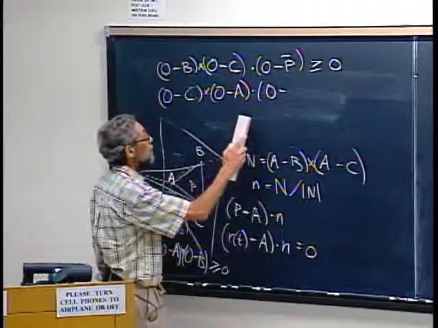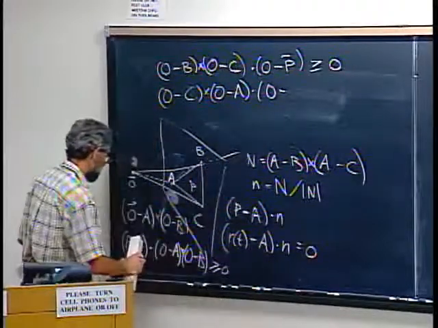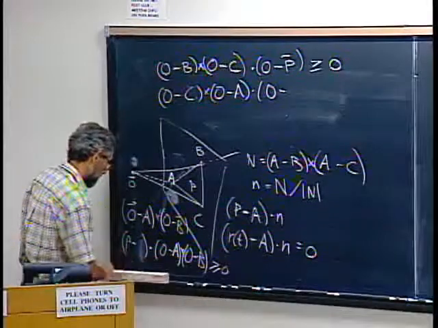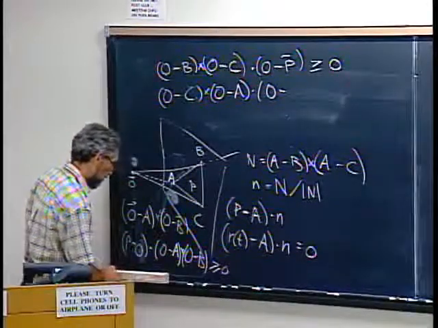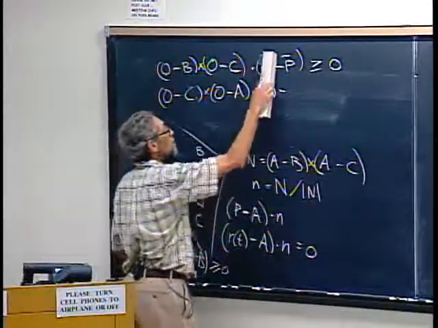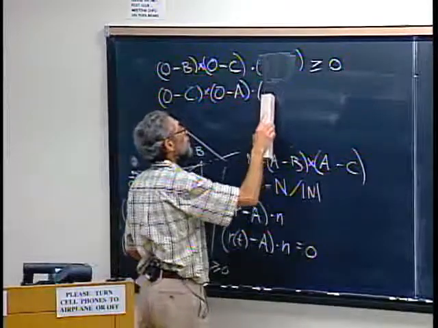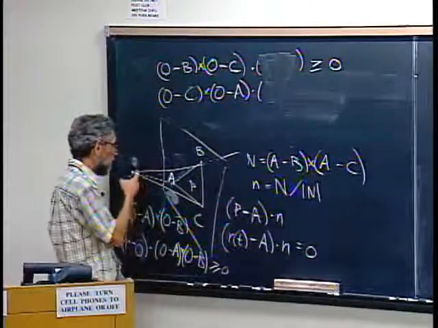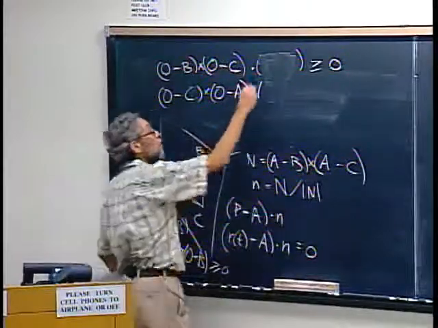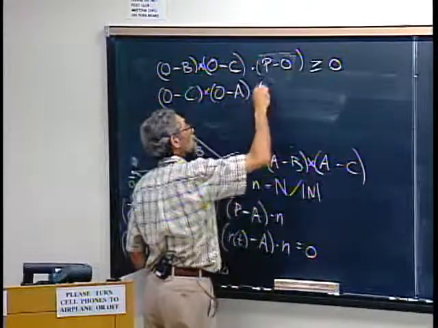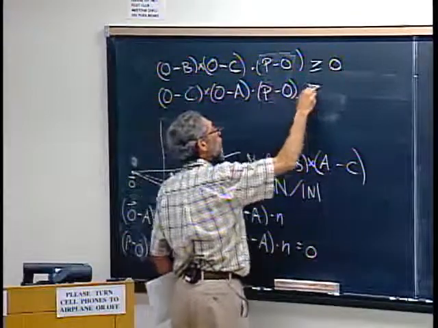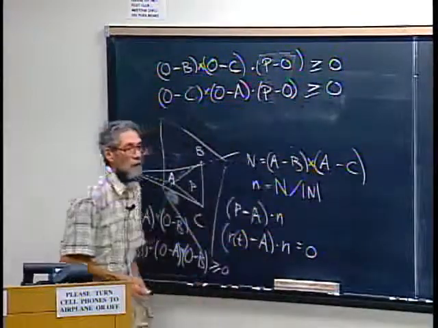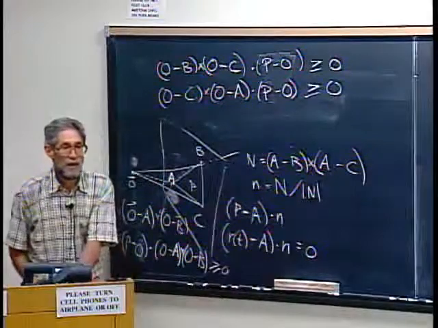This should have been P minus O. I wrote that wrong. The O is always on the plane, because I'm always taking one of these planes through the origin. So it's always P minus O here and P minus O here. If all these three things are greater than 0, it's inside.